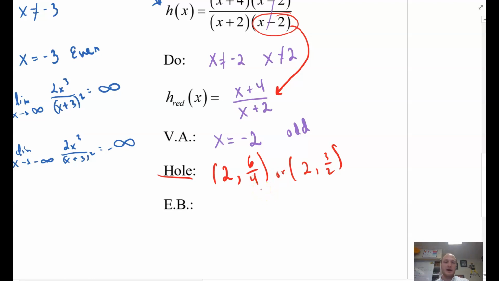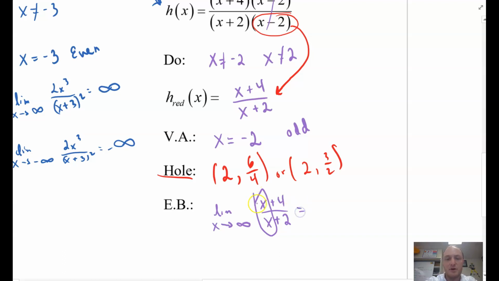All right, end behavior. So what is our end behavior? What is the limit as x approaches positive infinity for (x + 4) over (x + 2)? Again, we're going to look at this ratio here. Notice this ratio is the same power over the same power. So we just look at the numerical terms.